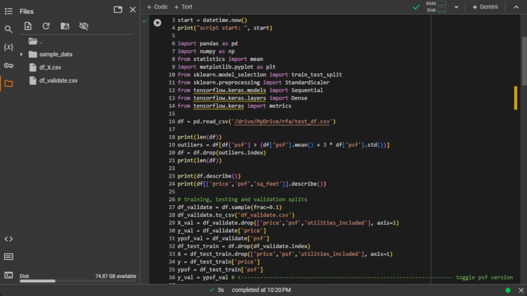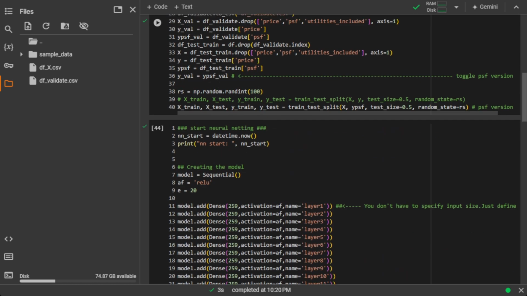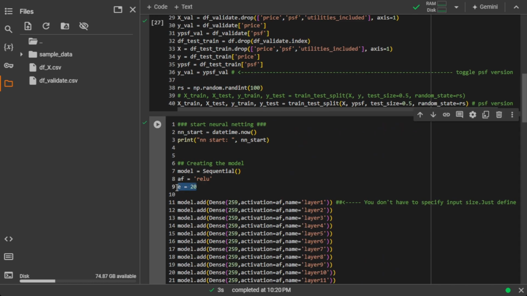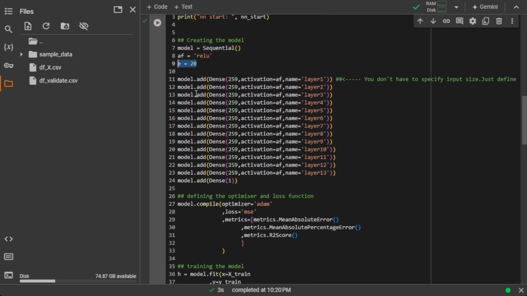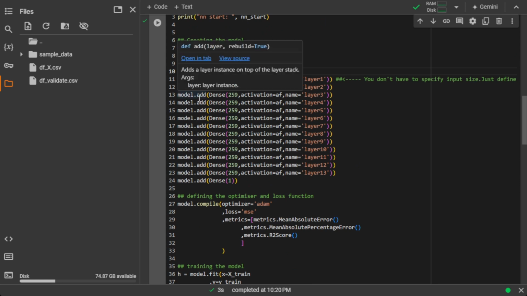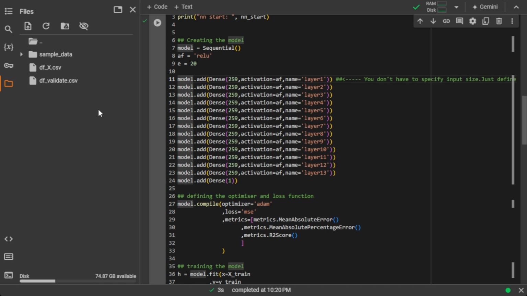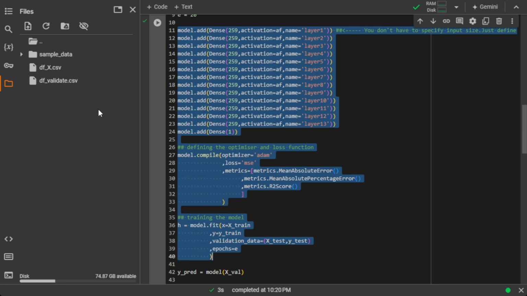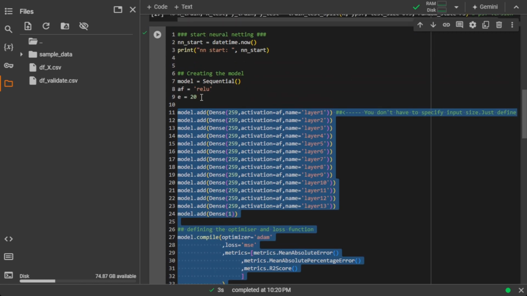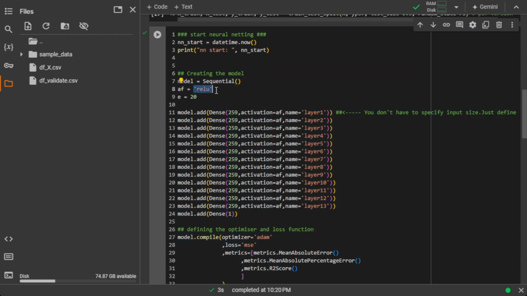And this is when I'm gonna take the opportunity to talk about why I set stuff like this outside of the model. The reason is because I could put, for example, all of this stuff through a loop, and I could iterate through maybe 4 different activation options or 20 different epoch settings.